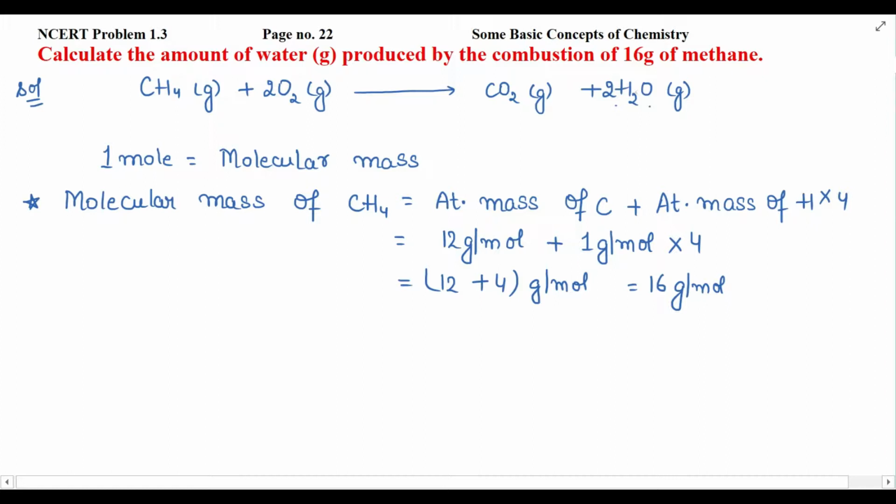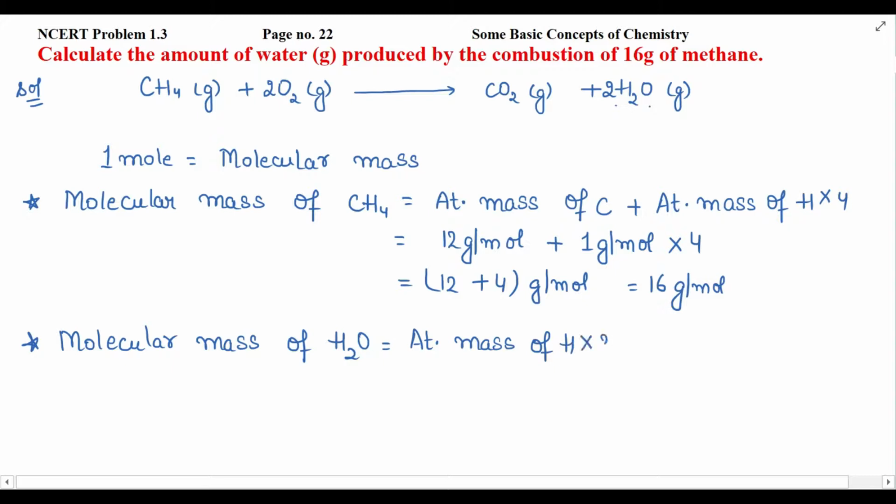Now I have to find the molecular mass of water also. So molecular mass of H2O, that means if I add the atomic mass of hydrogen, there are 2 atoms of hydrogen, so it will be into 2 plus atomic mass of oxygen, I'll get the molecular mass of water.